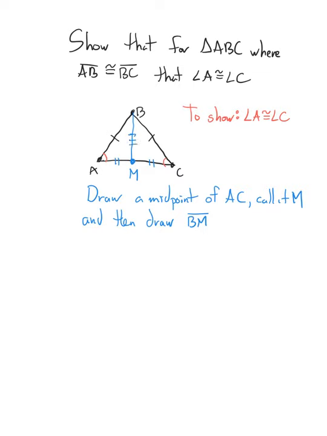Now if we look here, what do we have? Well, this left triangle, ABM, the line AB has the same length as the line BC over here in the triangle CBM. I know AM has the same length as CM, and I know BM, well, that's the shared side, so obviously it has the same length as itself. We have that reflexive property.